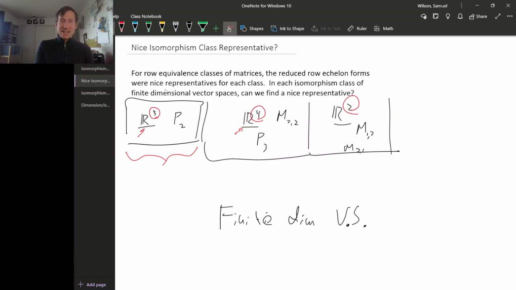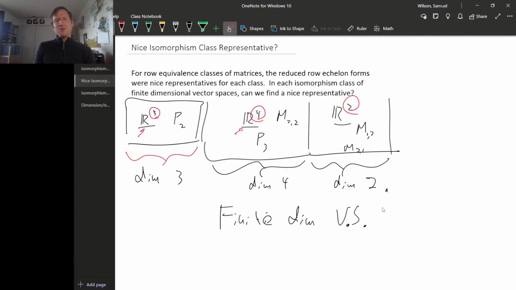If you look at these vector spaces here, everything in this class, at least the ones I've written down, these are all three-dimensional. There are other vector spaces in this class. I can't write them all down because there are infinitely many of them. But at least for the examples I wrote down, you can see they all have the same dimension. It's 3. And here, these all have dimension 4. And these all have dimension 2.